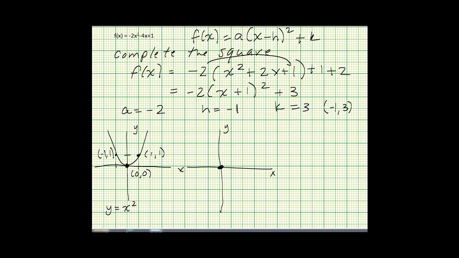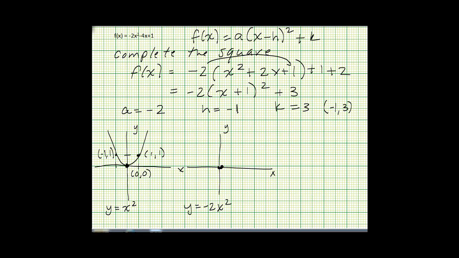The function that we are graphing here is y equals -2x squared. So our vertex stays at the same place. I'll try to actually get it to go through the vertex.